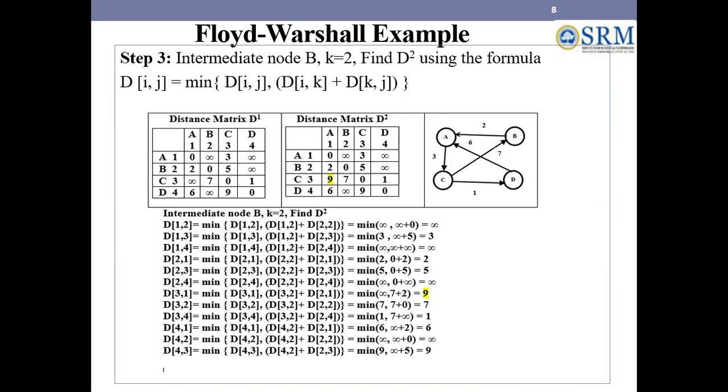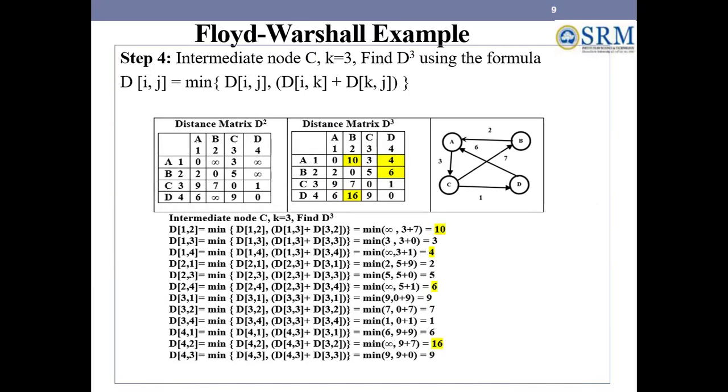Infinity replaced by 9. That means C to A has no direct or single edge. Through intermediate node B, there is a path C to B, B to A. The new value is 9. Remaining values, there is no change. That will come as it is. The only one change through intermediate node B.